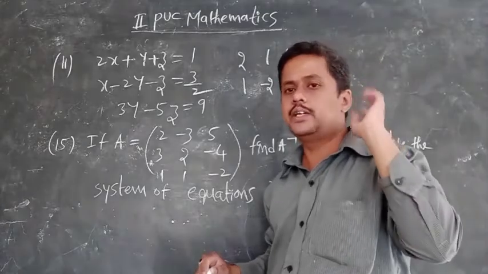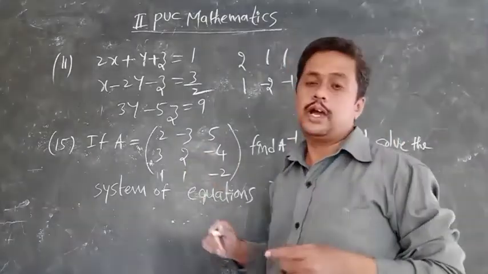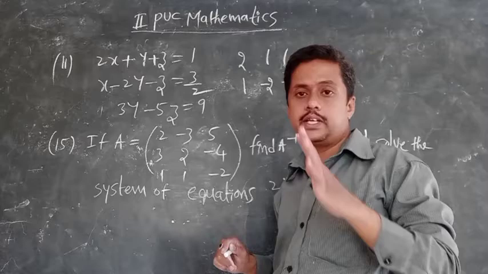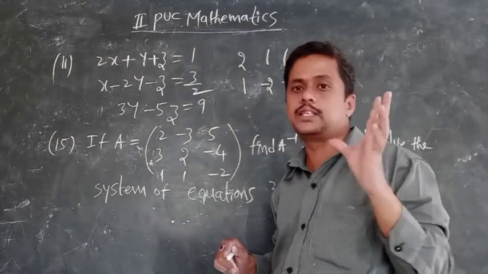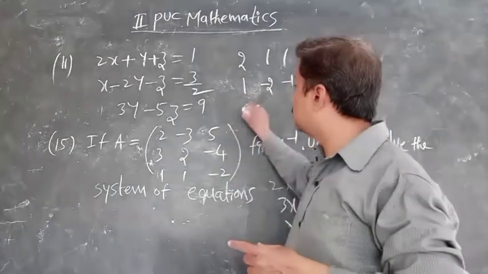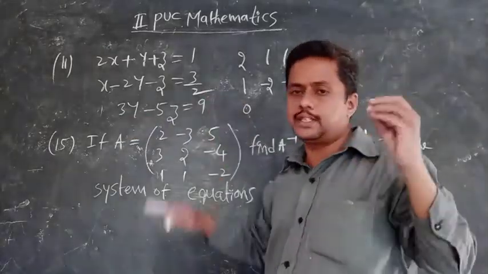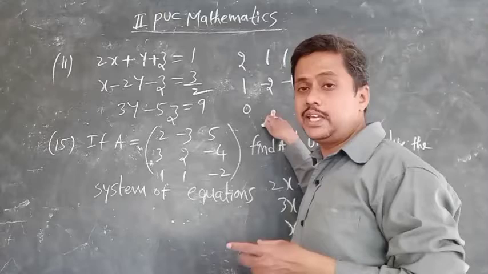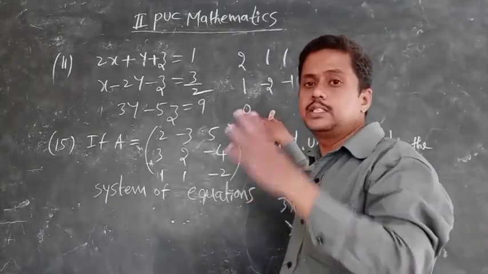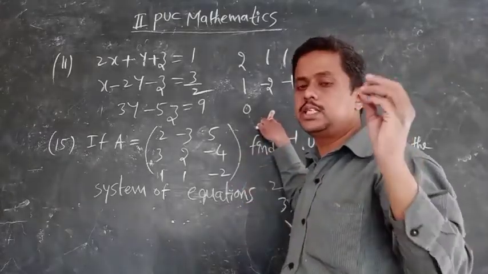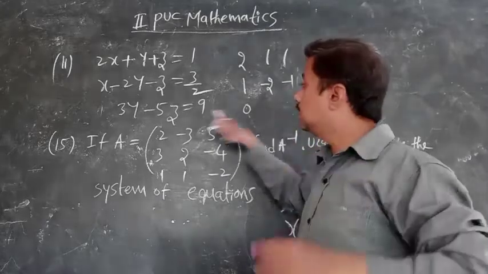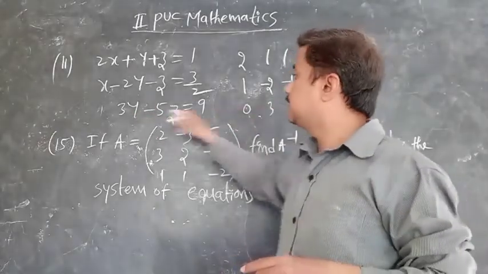If x is not there, we have to write 0. Similarly, if y is not there, write 0 in the second place, and if z is not there, write 0 in the third place. This is a technique. Remember it. Y coefficient 3, z coefficient minus 5.